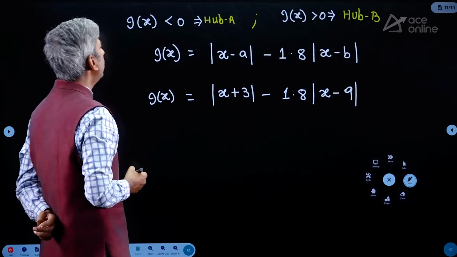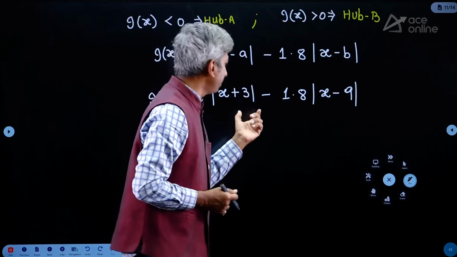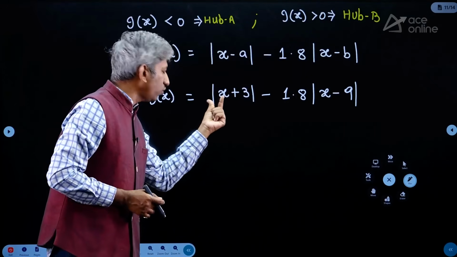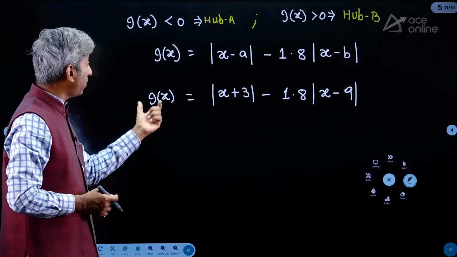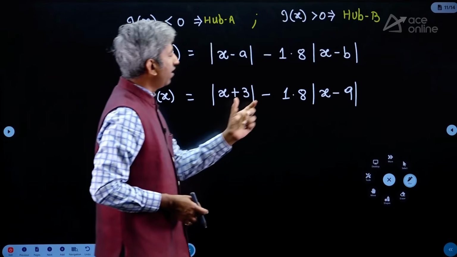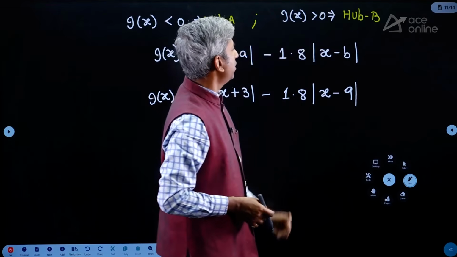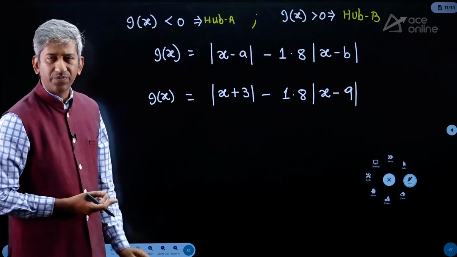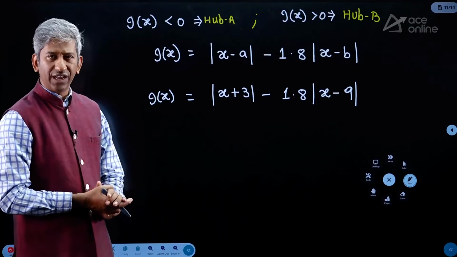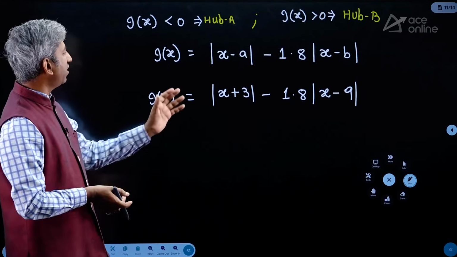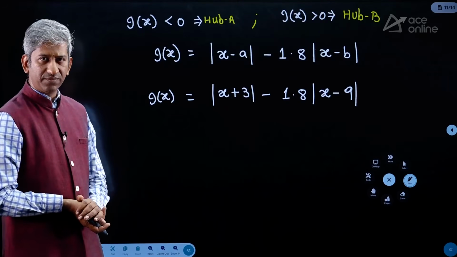So now we need to decide for what values of x this g of x is less than 0, and for what values of x your g of x is greater than 0. In order to decide that, here we are having three possibilities.